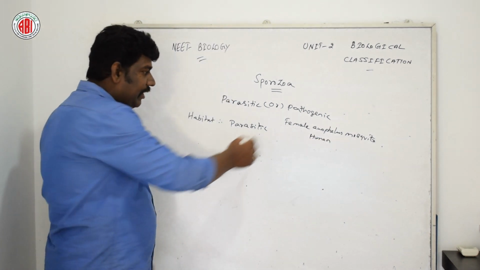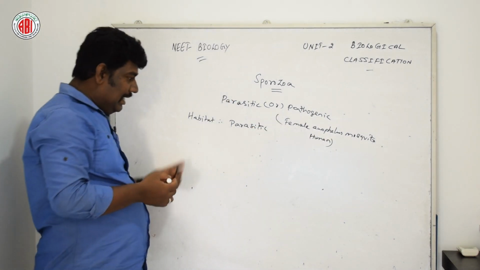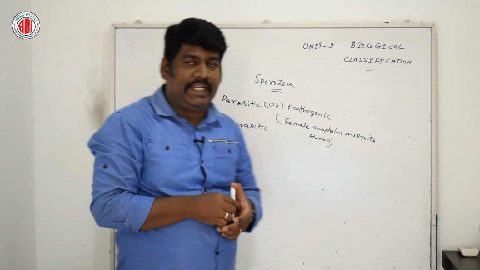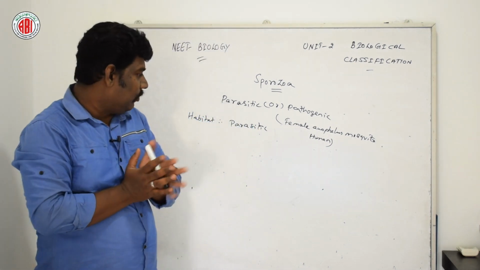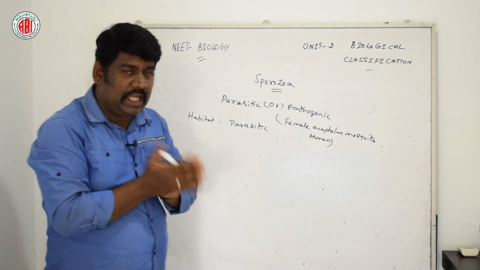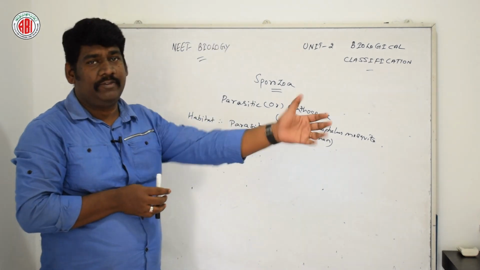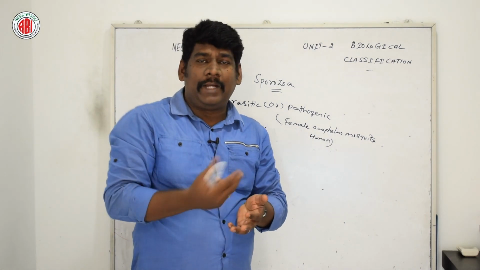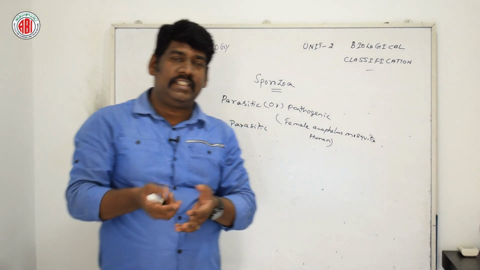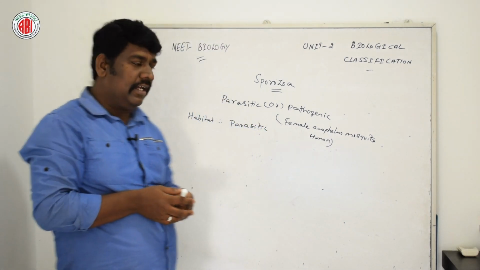So there are two different hosts involved in completing the entire life cycle of Plasmodium. Mostly the organisms under this category of sporozoa are pathogenic. They are able to cause diseases to higher level organisms.